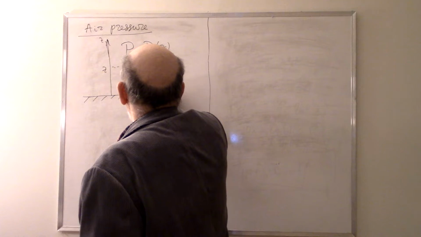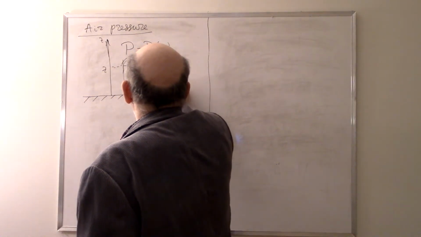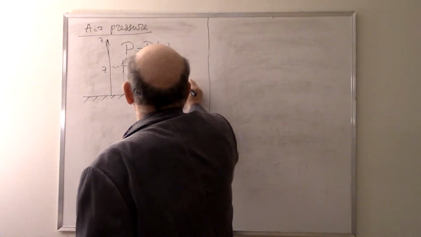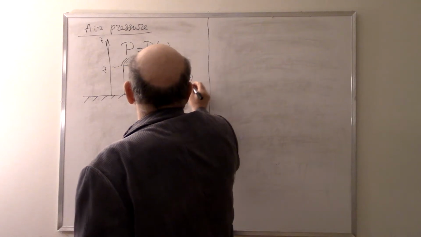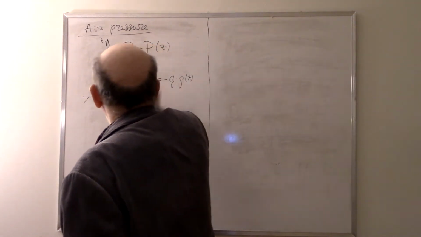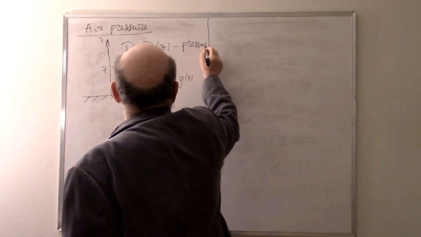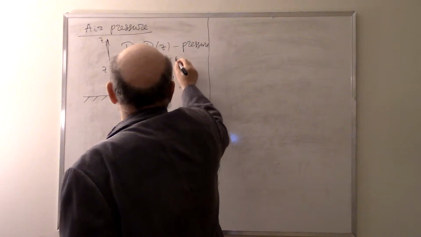dP/dz equals minus g times rho of z. P is pressure, and rho of z is density.